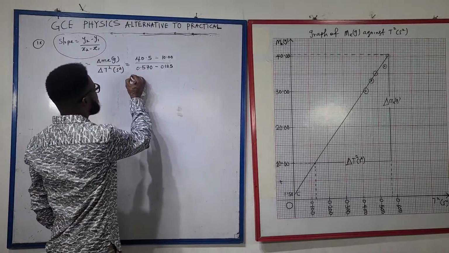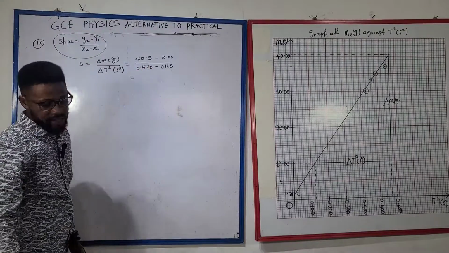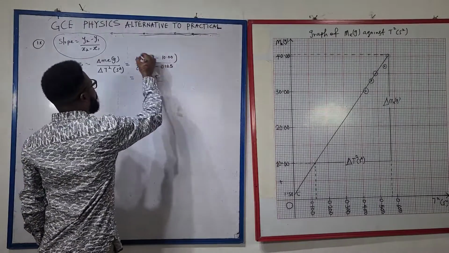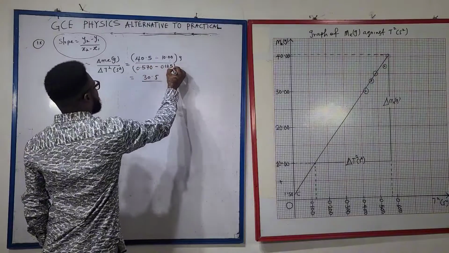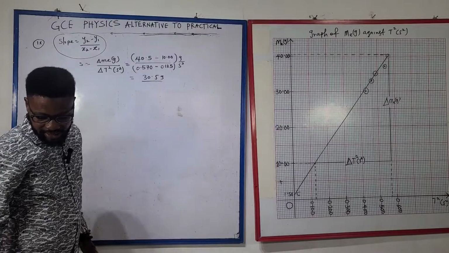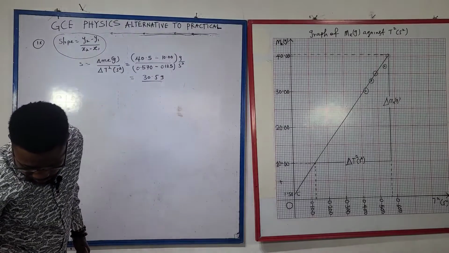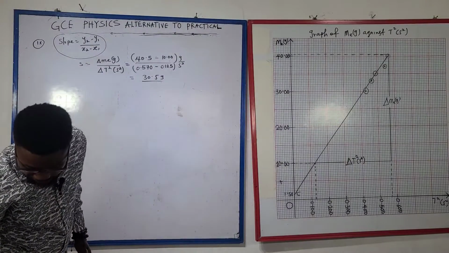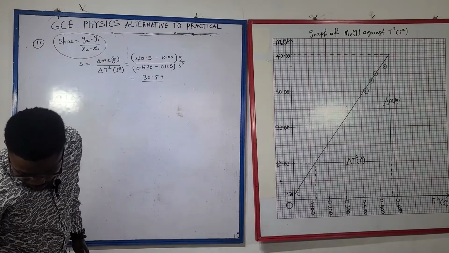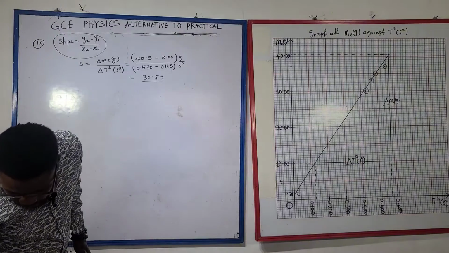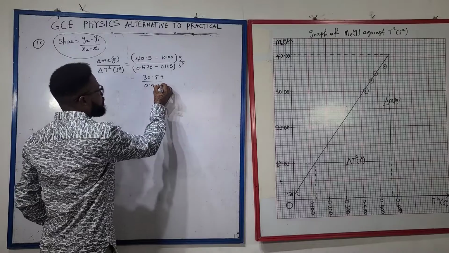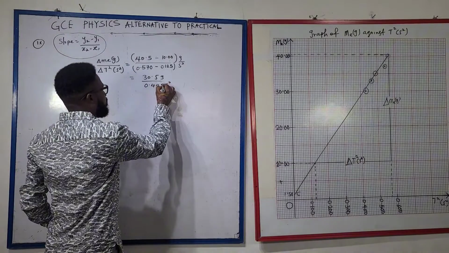So when I subtract this, 40.5 take away 10 is going to give me 30.5. Recall this is in gram, and because of my unit, this is in second square. So 30.5 gram divided by 0.570 take away 0.125, that's 0.445 seconds square.